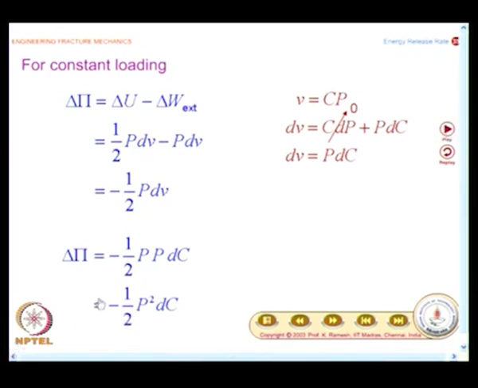So, what do I get here? Delta capital pi becomes minus 1/2 of P dC, which reduces to minus 1/2 of P squared dC.